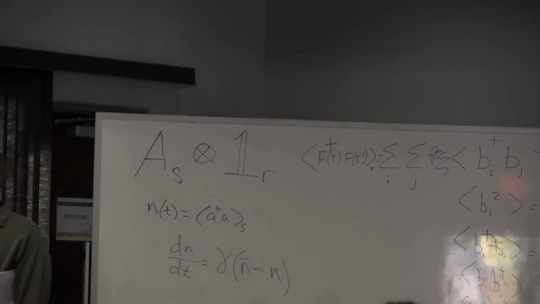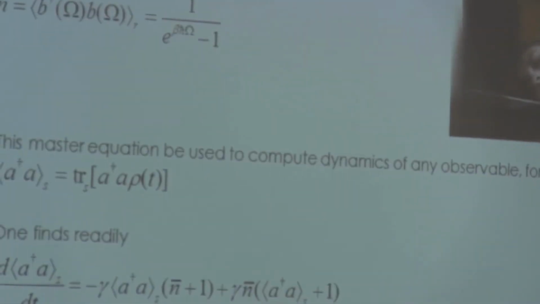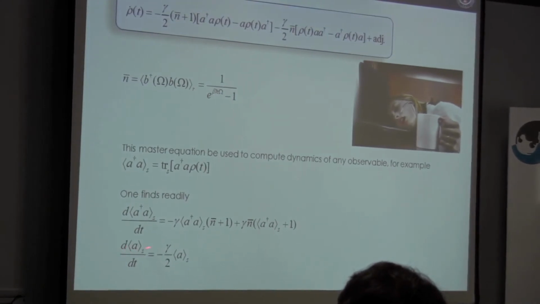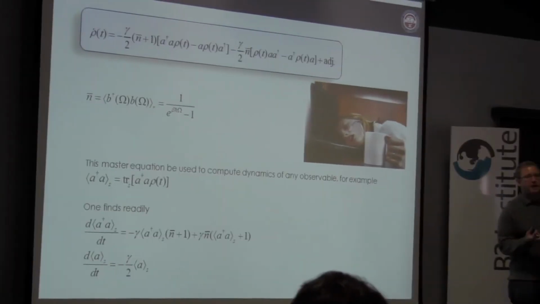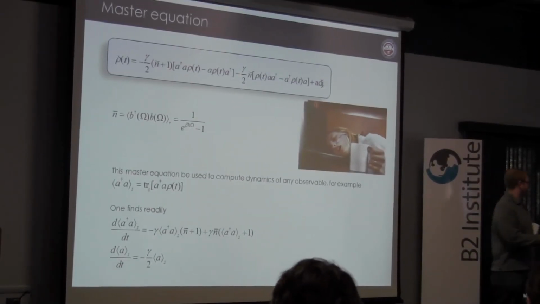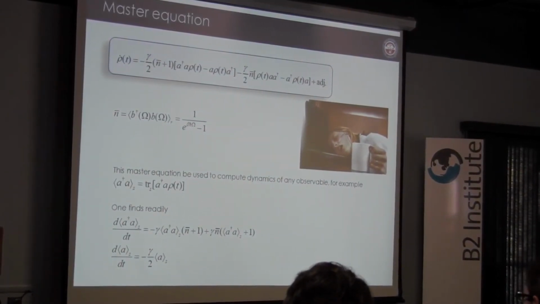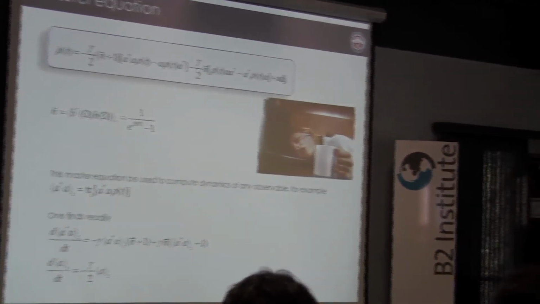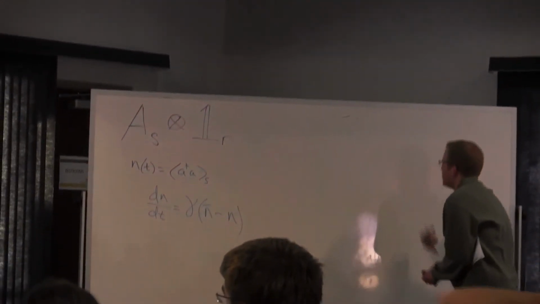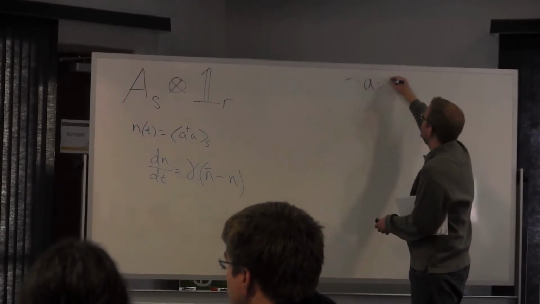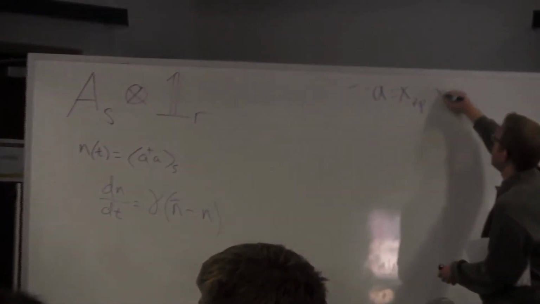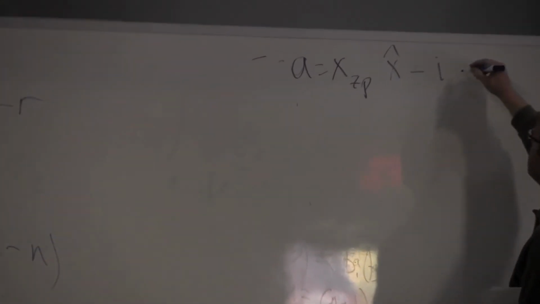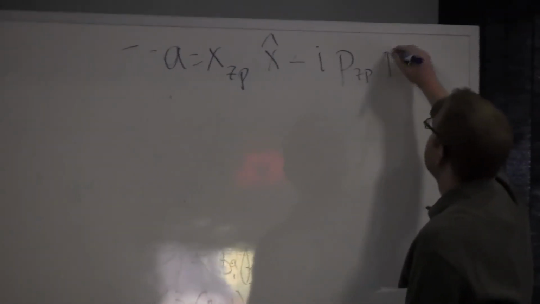Now, on the other hand, if I look at the expectation value of the operator A, and remember, A is a combination of X and P, it looks something like this: A equals X zero point times X hat plus i P zero point times P hat.